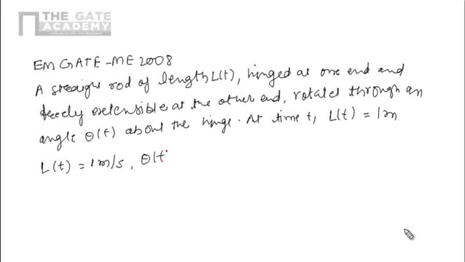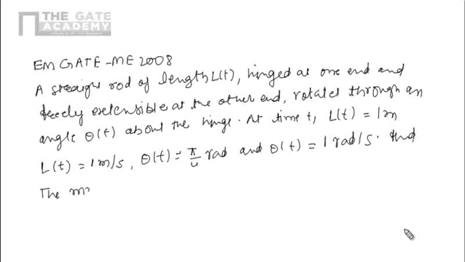Similarly, theta(t) will be pi by 4 radian and theta dot, the angular velocity, is 1 radian per second. Now we have to find out the magnitude of velocity at the other end of the rod.